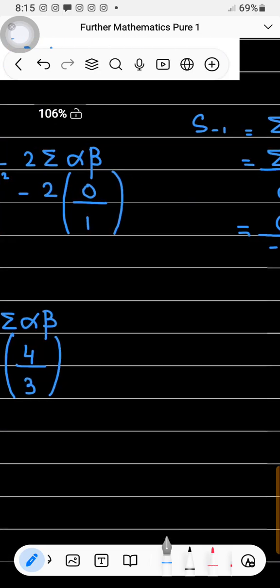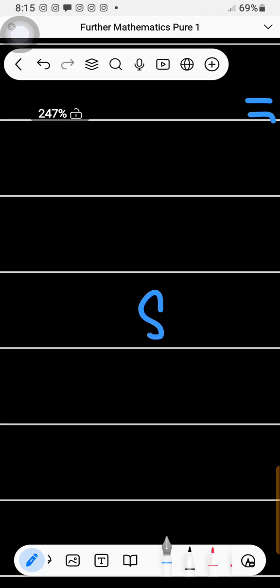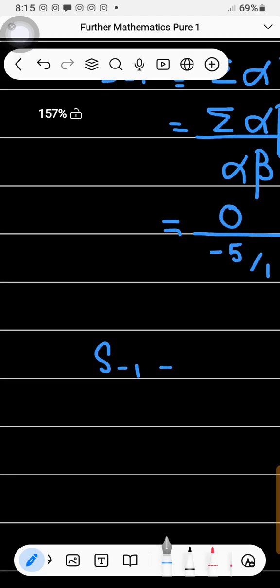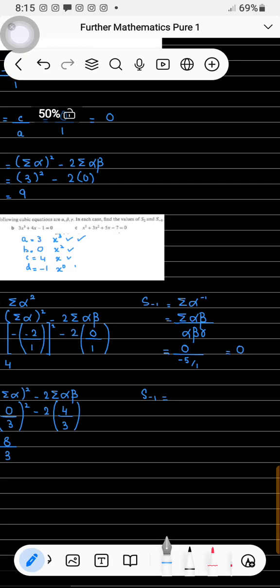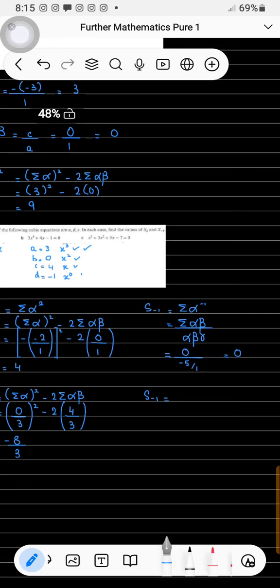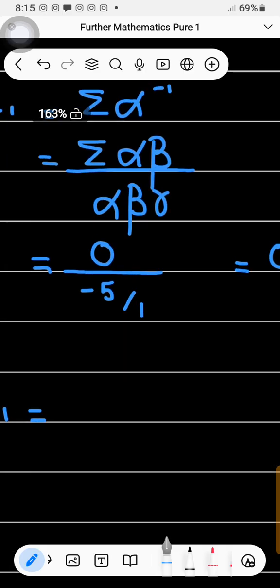Okay, and on the other side we also want s minus 1. Its formula is sum of alpha beta upon alpha beta gamma.